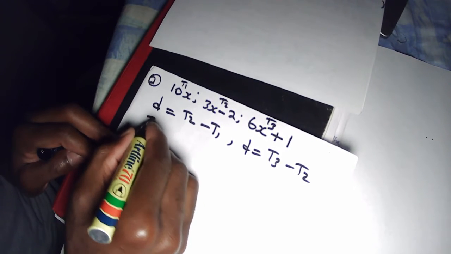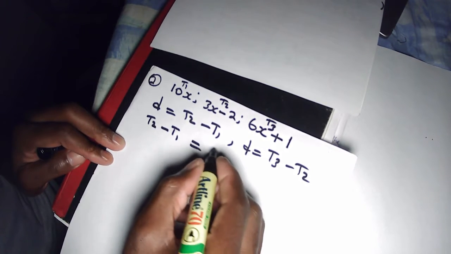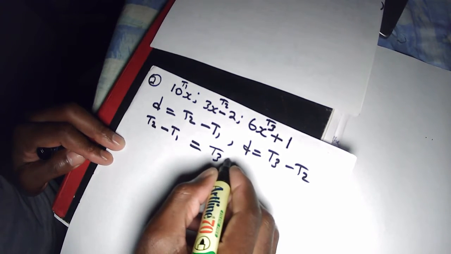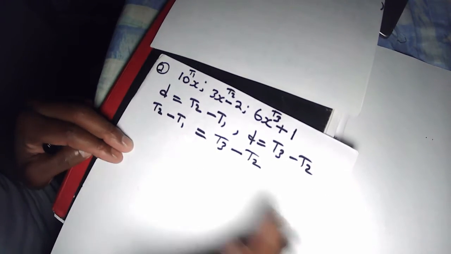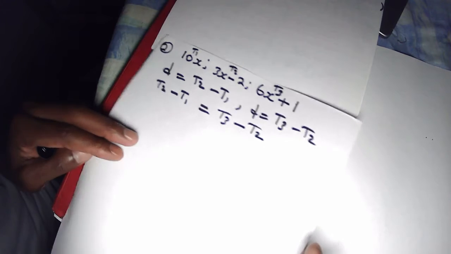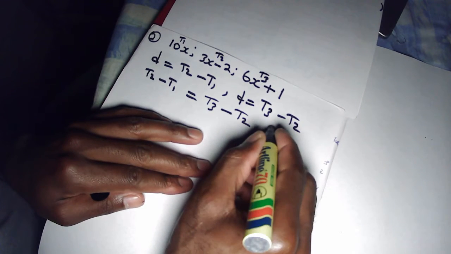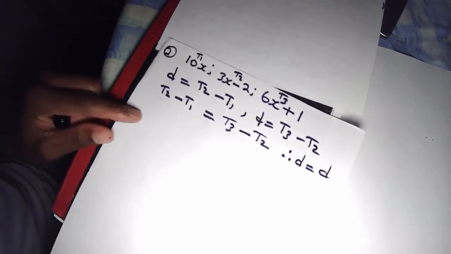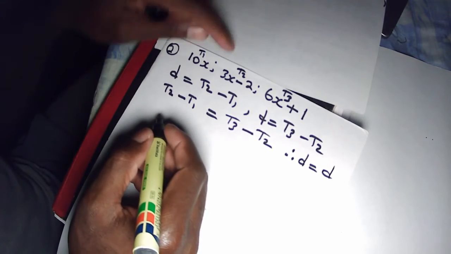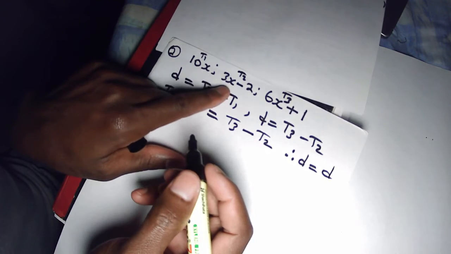So T2 subtracting T1 is equal to T3 subtracting T2. Since D is equal to D, common, yes, because D is equal to D, that is the common difference.